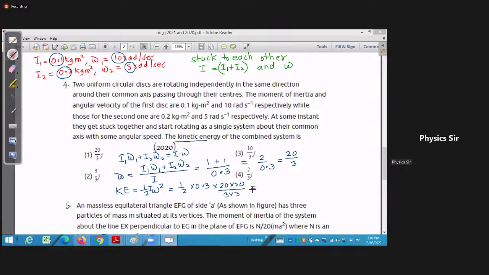So 20 by 2 is 10, 10 into 0.3 is 3, so it is 3 into 20 divided by 3 into 3. The 3 gets cancelled, and it comes out to be 20 by 3. So the correct answer is A.